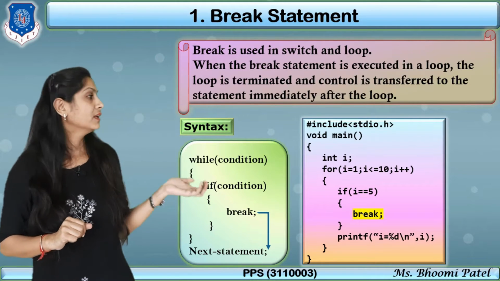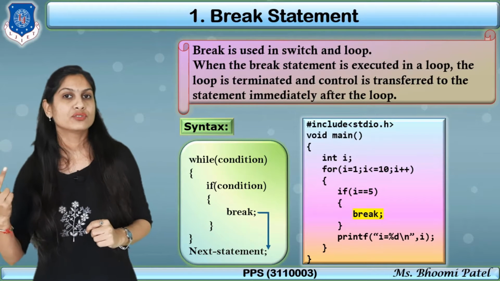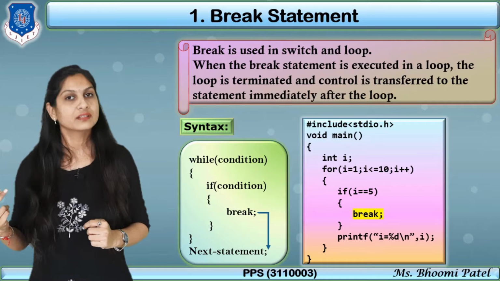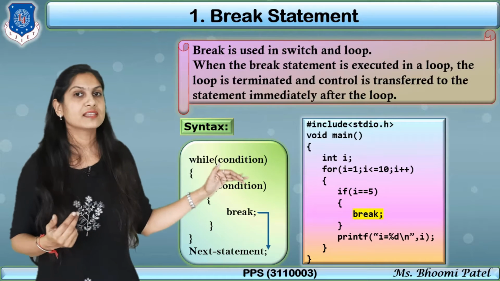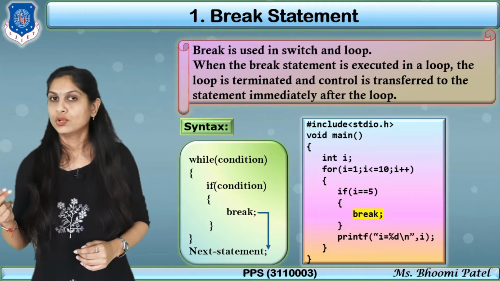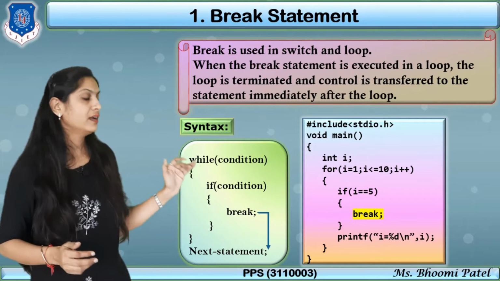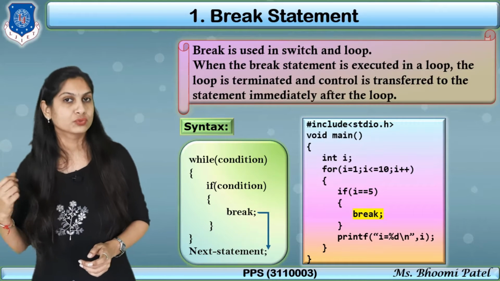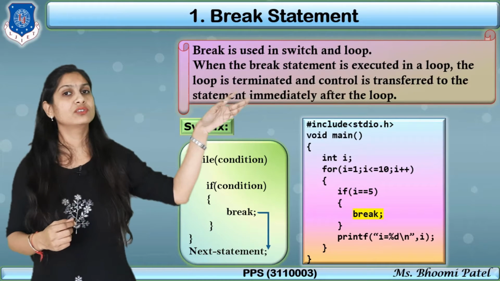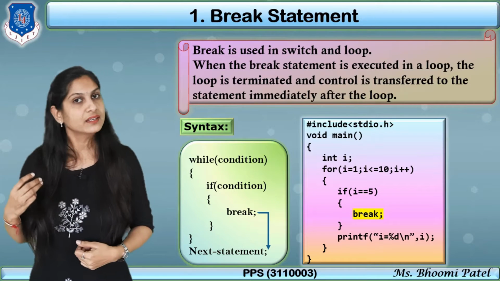Now i is incremented to 2, and 2 is less than or equal to 10. So again go inside the for loop, and the condition is 2 equals 5. No, it is false, so break is skipped and we print i equals 2. Again i is incremented to 3, 3 is less than or equal to 10, yes.